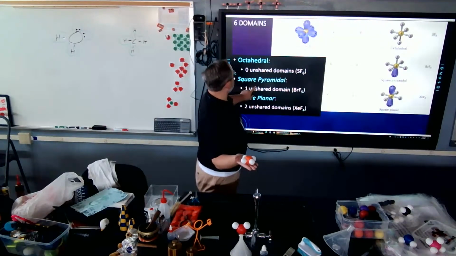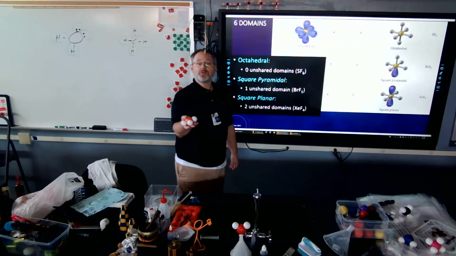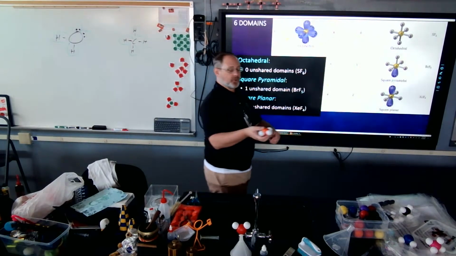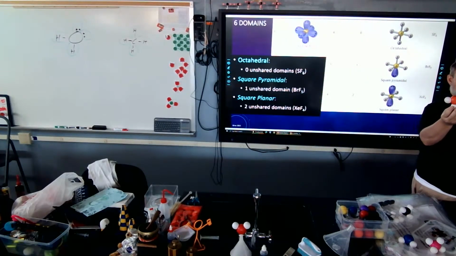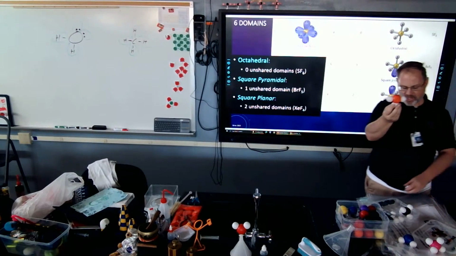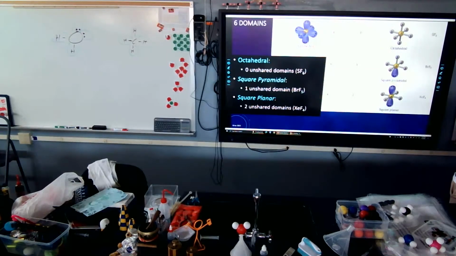And then if you lose another one and 3 of 6 are bonding, you're back to that shape. What's that shape? T shape. So 3 of 6, you're back to T shape. Sorry, 2 of 6.